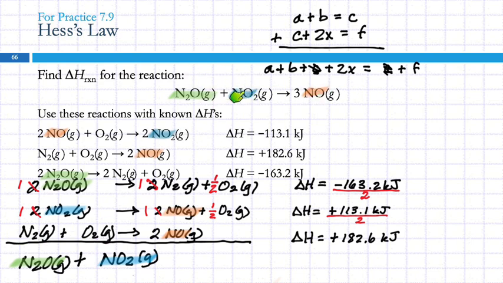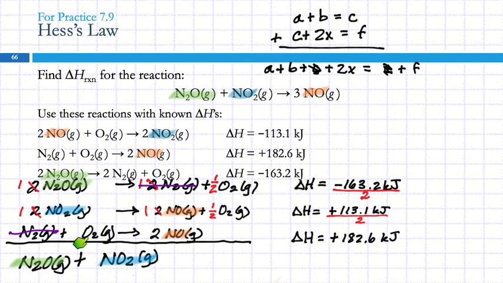These are not in my final reaction. So if I did things right, these should cancel out. So I have 1 mole of nitrogen on this side, and here I've got 1 mole of nitrogen on that side. So I can cancel those guys out. Maybe purple. So this and this go away. Because if this is making the N2, this other reaction is using it up, and so it doesn't show up in the overall reaction.